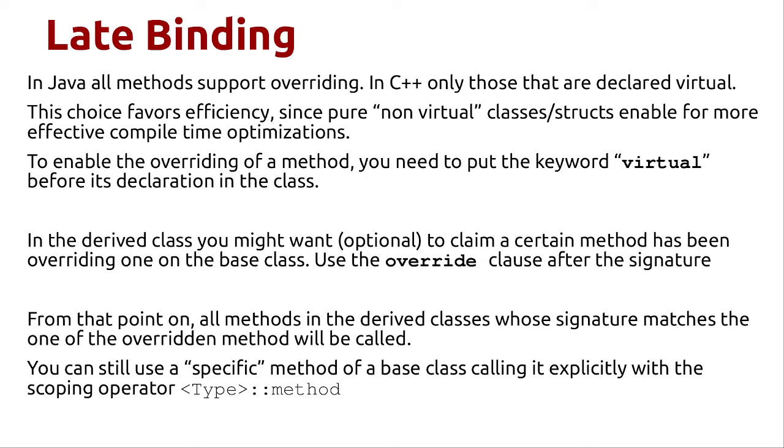The methods that do not support overriding are attached to the class and they are called at static time. Means they are resolved based on the type of the variable that is declared in that moment at compile time.